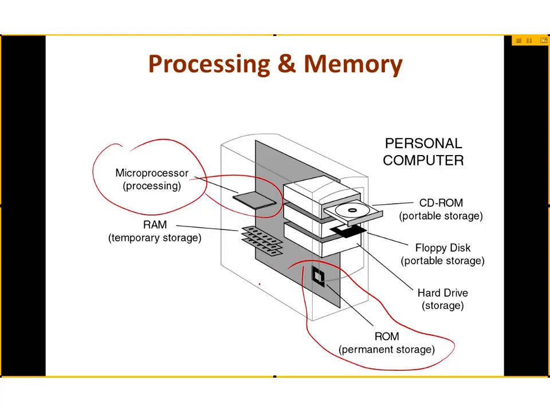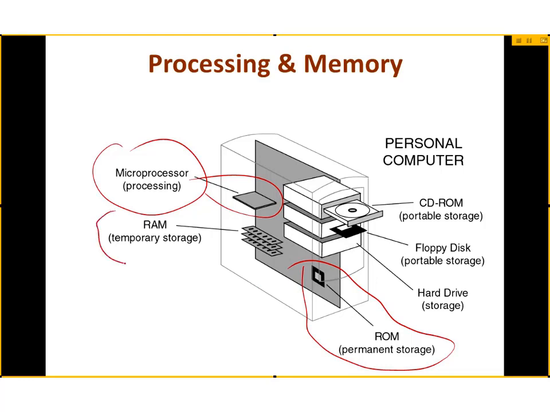Just as our brain stem in our body is responsible for things like breathing and heartbeat, the ROM in the computer is responsible for those basic boot up functions when you first turn on and turn off the computer, to make sure that the information is available there to start the computer up and get the operating system running. What is sometimes called the BIOS system, or some alternatives to that these days.